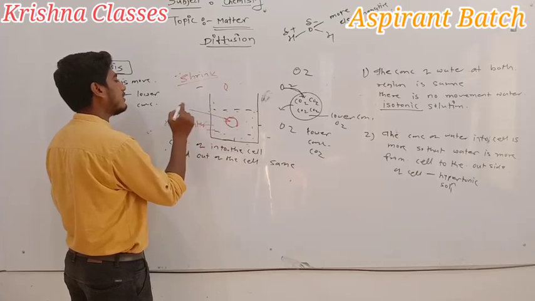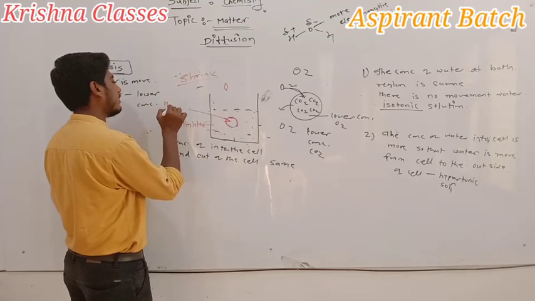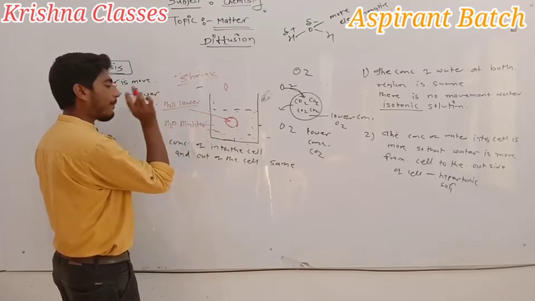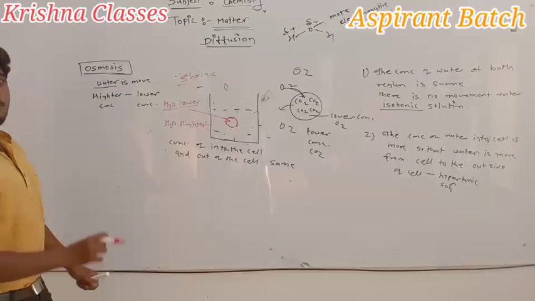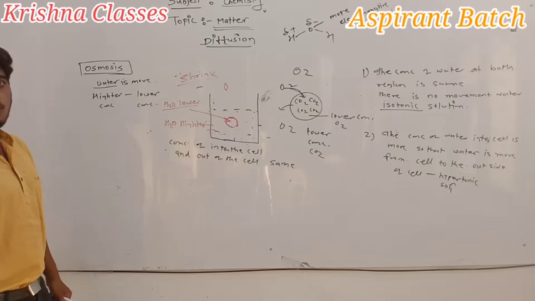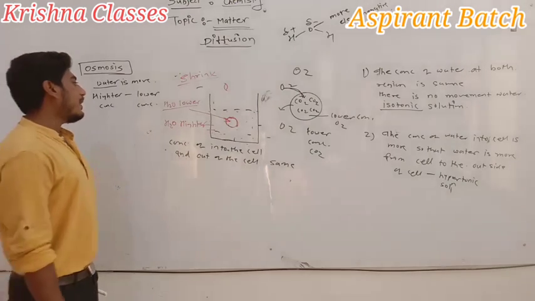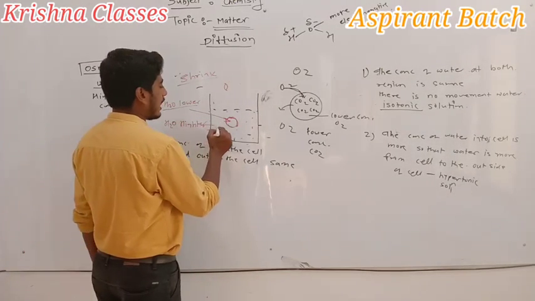Inside the cell, the water concentration is lower, and we know that the cell is made up of a semi-permeable membrane called the plasma membrane, where the water is transferred.